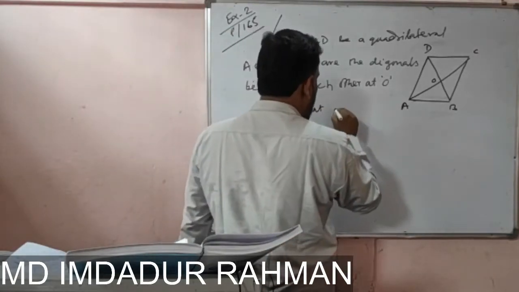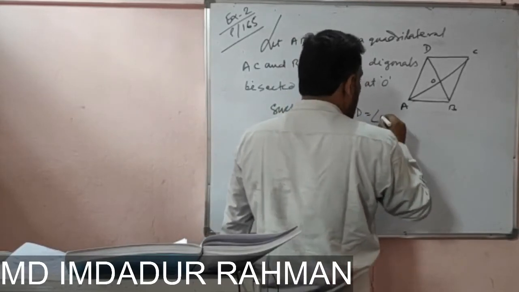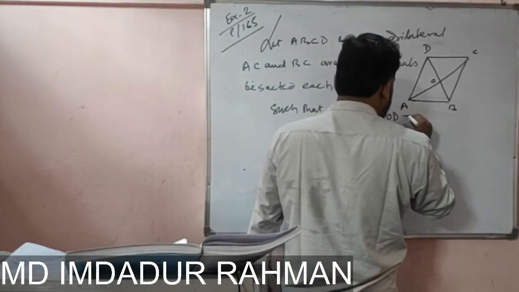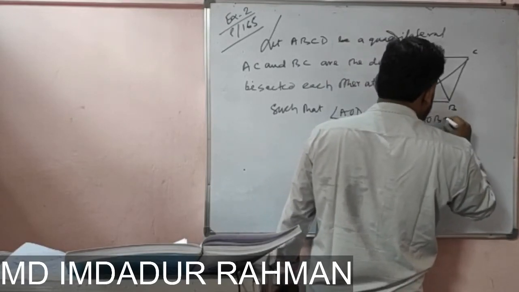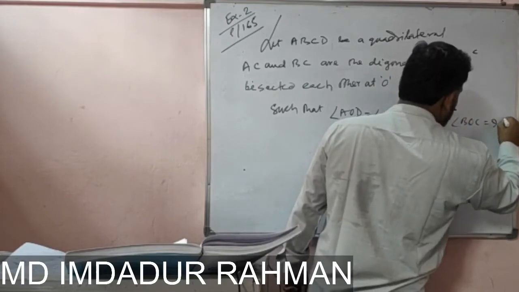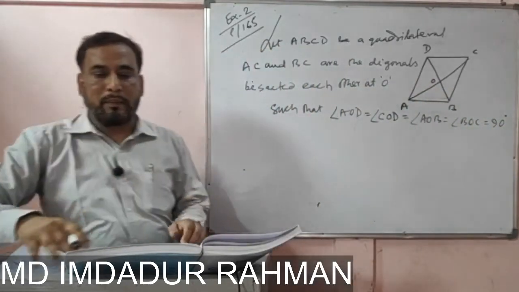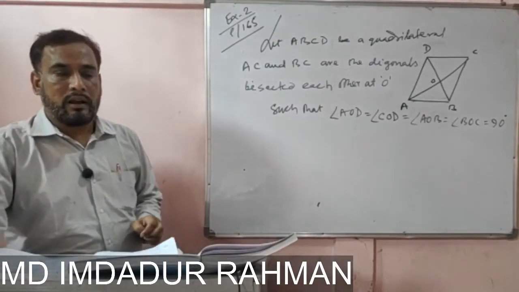Angle AOD is equal to angle COD is equal to angle AOB is equal to angle BOC is equal to 90 degree. Because perpendicularity is given, we can write these are equal to 90 degree.